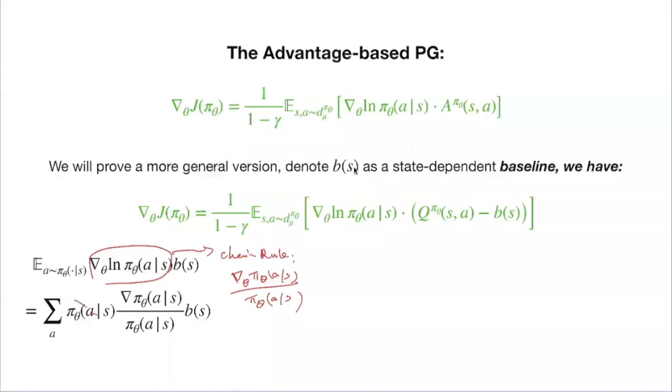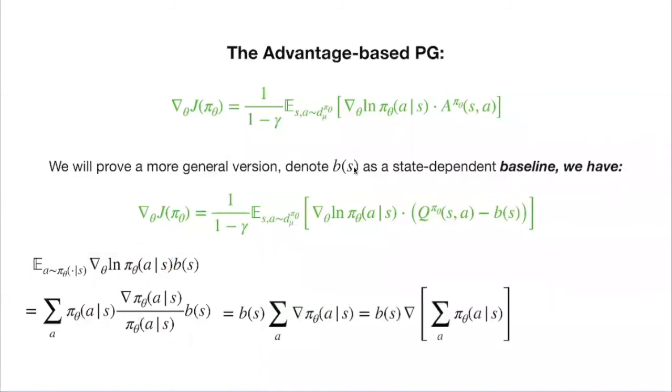This is nice because these two terms cancel now, right? So what I get is this new expression, because these two canceled. And I put this function B in front of the summation because it is action independent. I can also pull the gradient outside of the summation. So now I get to this formulation.